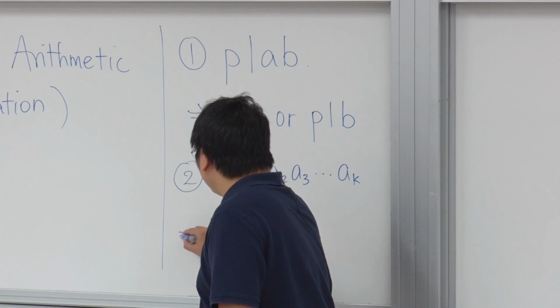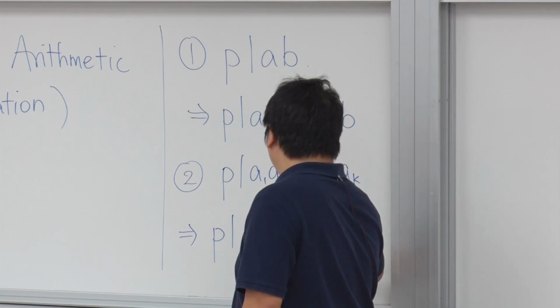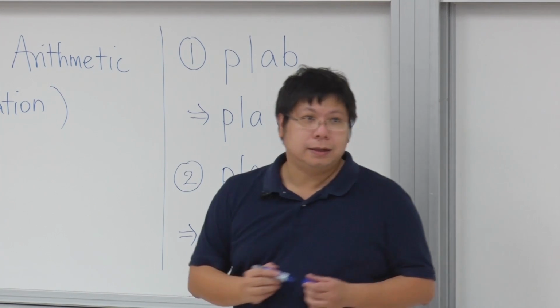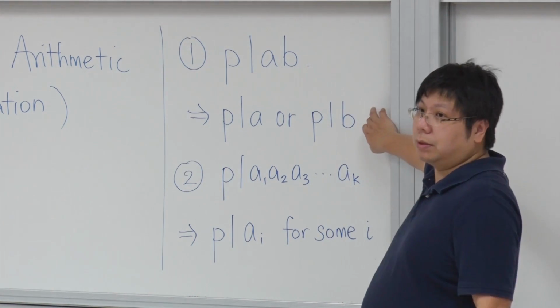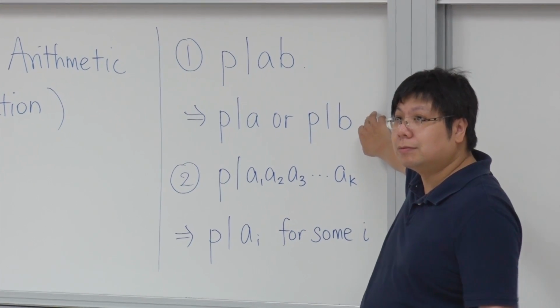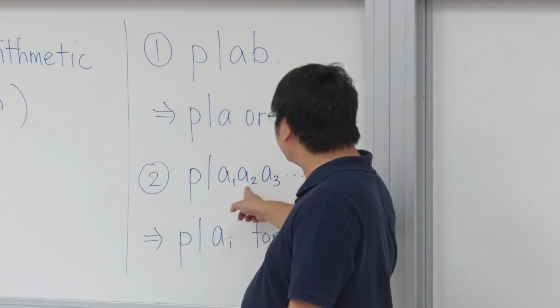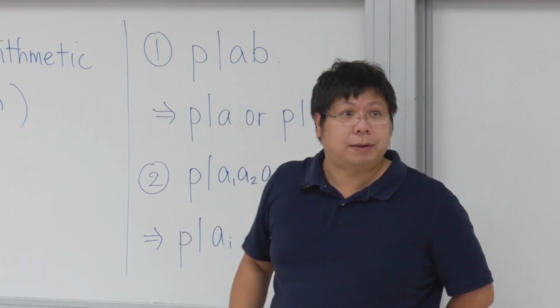Then this will imply that P divides AI for some I. Is that okay? So this is actually an extension of this one. You can prove it by induction. Either P divides A1. If not, then P must divide the product of the remaining part. So by induction, P divides one of them.